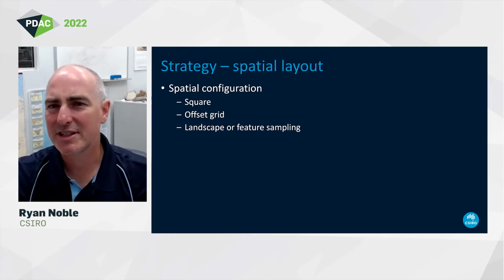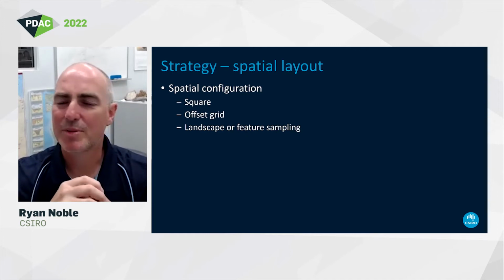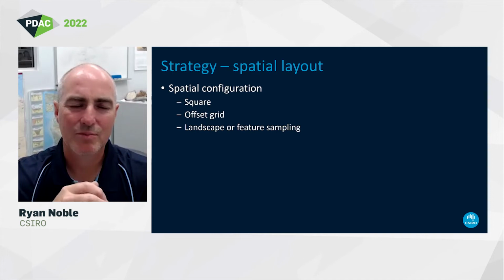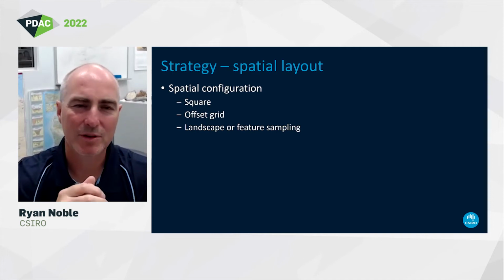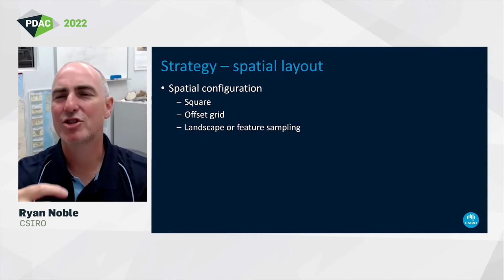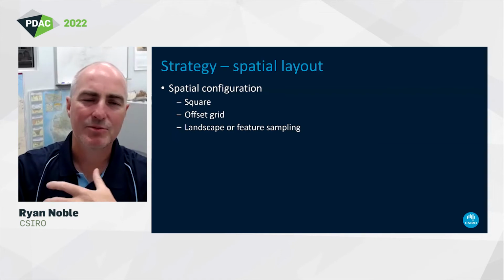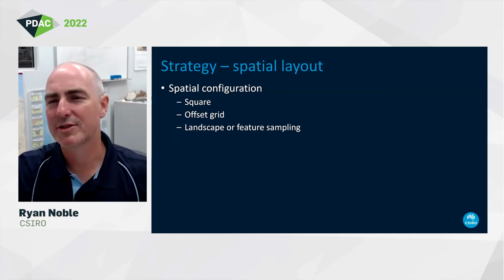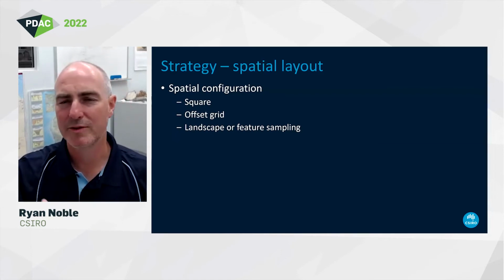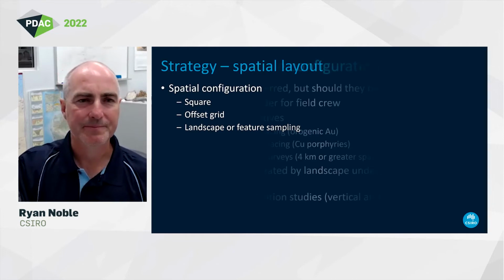It's not traditionally done with soils, with classic soils. And I'll show a little bit of an example around why I think we should possibly look at getting away from that, especially when you're looking at getting a regional background soil survey conducted, because you want to capture the information of all the different soil types out there. So when you do focus on exploration, you know what truly is anomalous.